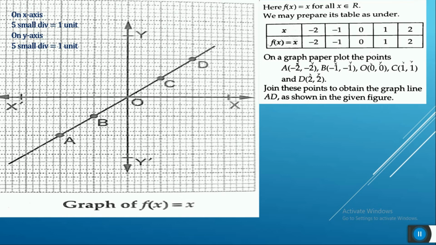Okay, here you can see there are 1, 2, 3, 4, 5 divisions. This I take as 1, this I take as 2, this I take as 3. Here also this is minus 1, this is minus 2, and this is minus 3.